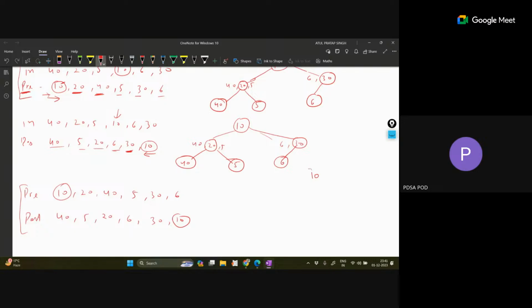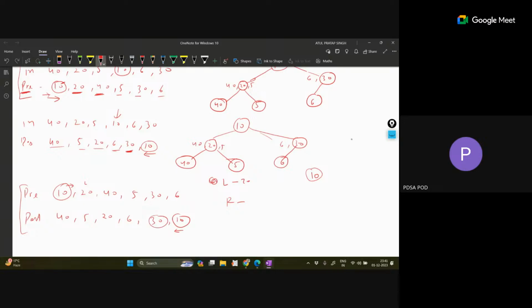If we are calculating the left child or right child for this 10, we will check what is the next node on the right side in the pre-order. So that will be marked as L, the left child. Okay, so I am just writing down L. And what is the just previous node in the post order, that will be considered as R, right, of 10. Okay, so here L is 20 and R is 30.